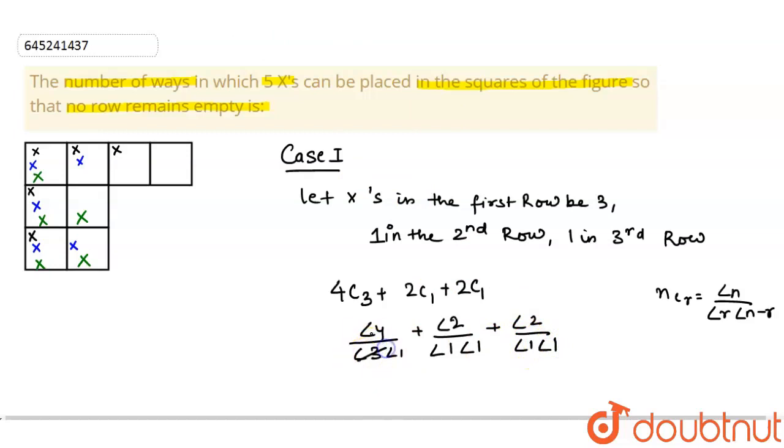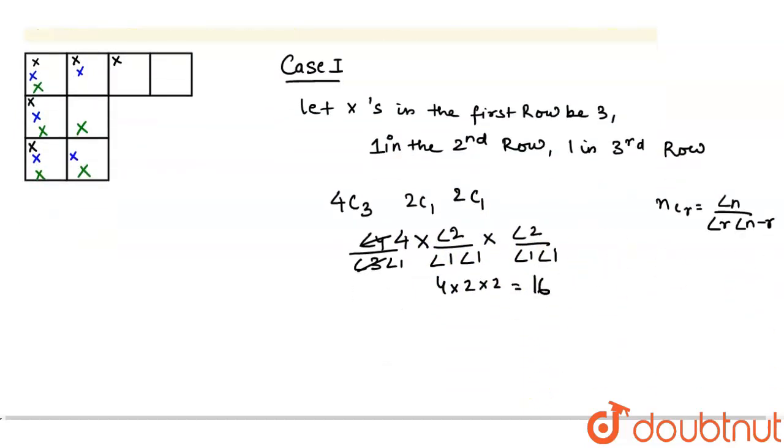So this would be 4, 2, 2. It is not plus, because there is no addition in nature. It is multiply. Correct? So this would be 4 into 2 into 2, which is equal to 16. So this is 16. So now let's move on to case 2.